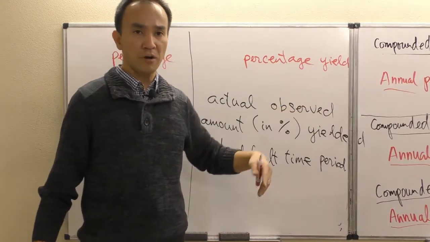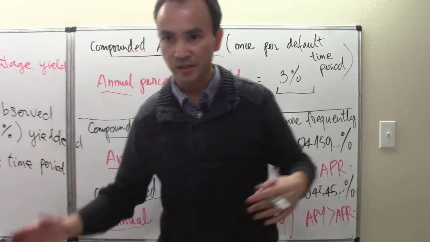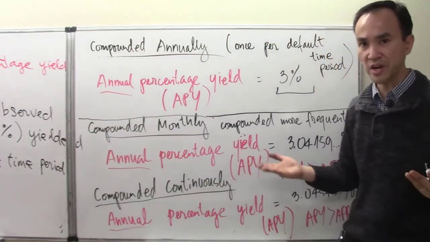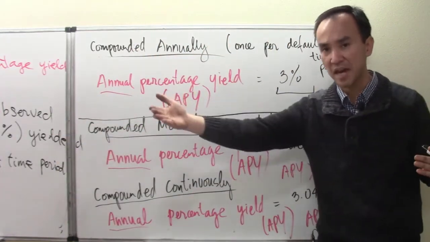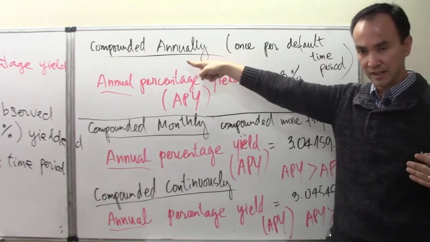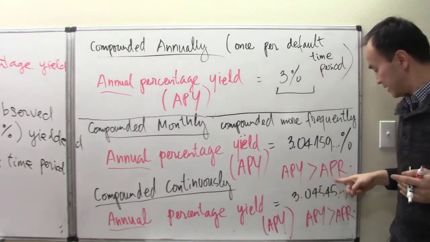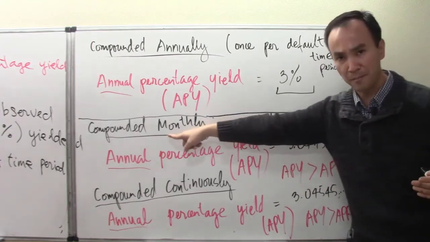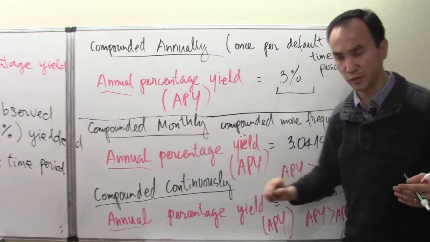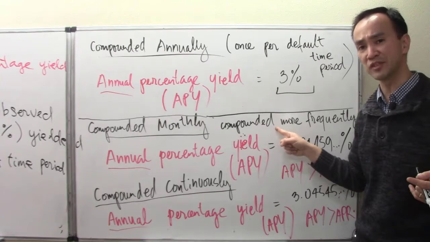That's why in those problems, and I still have one problem on the board right here, this is the scenario where a 3% interest rate is paid annually, once per default time period. So now the APY, the percentage yield right here, is for compounding monthly, calculating our interest monthly, which means we're calculating 12 times a year.